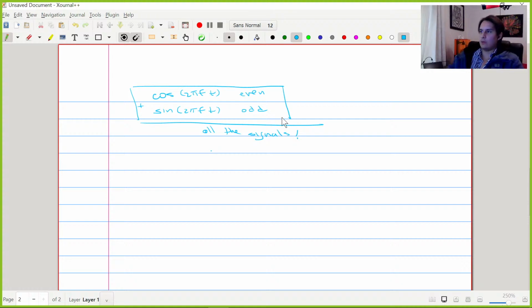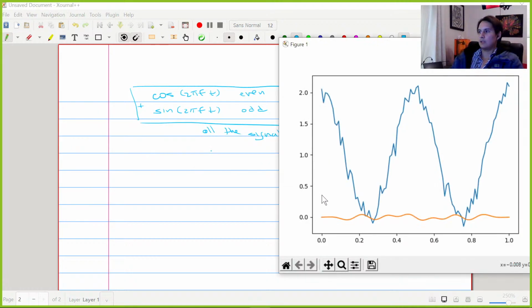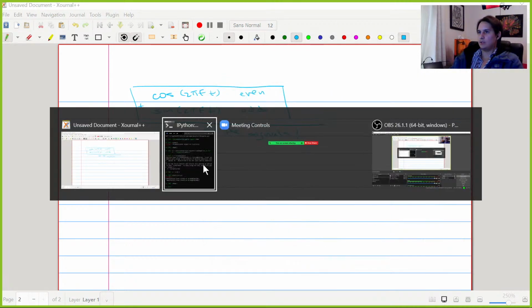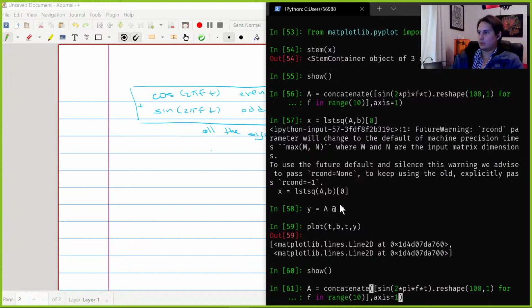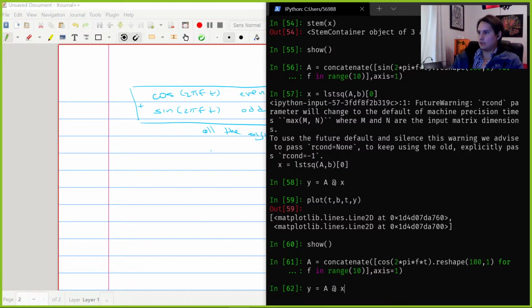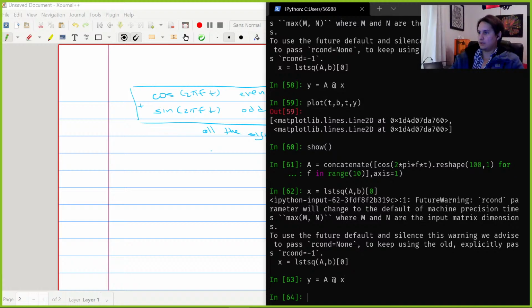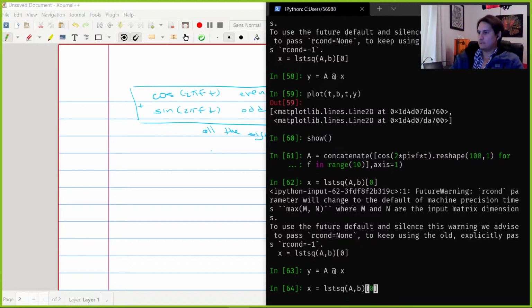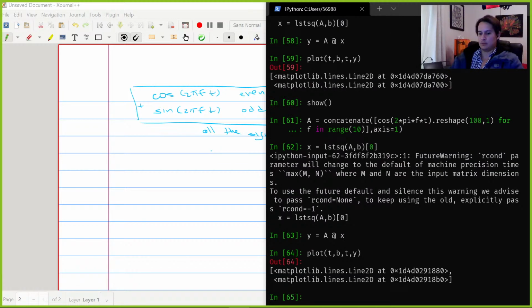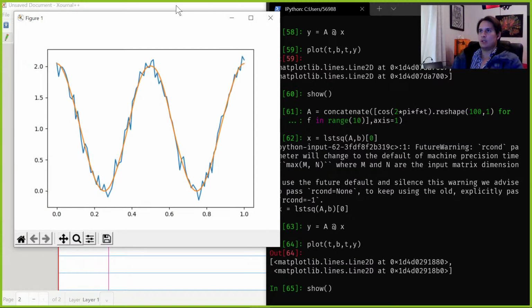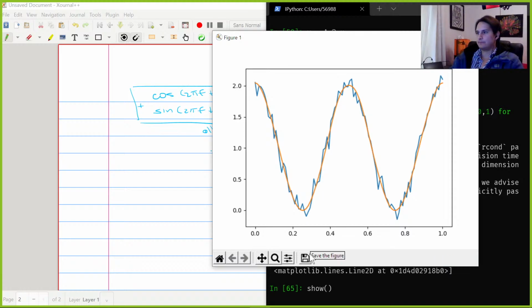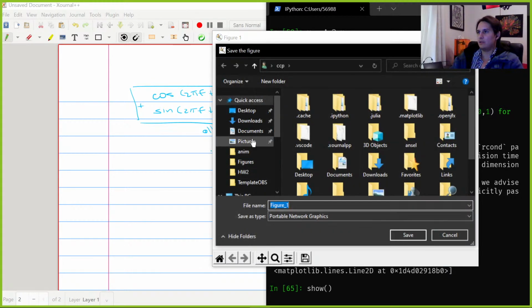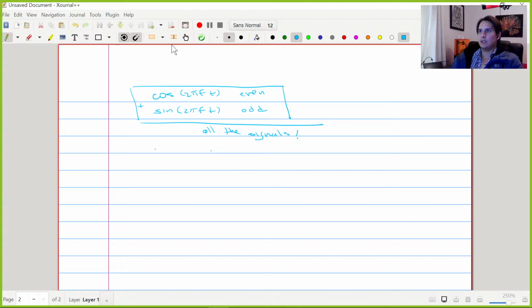And the plot that I showed, being this one, let me do the same with cosine again. Cosine, least squares, y, plot this one here. Okay, so this, I can save the figure pictures. Can put it here.